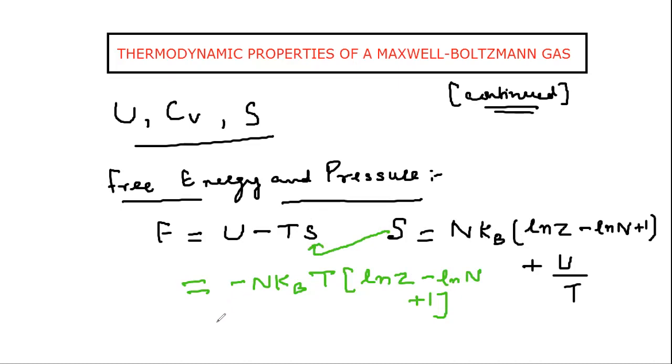When you make the adjustment, you will get Helmholtz free energy F equals minus N kB T times ln Z minus ln N plus 1.